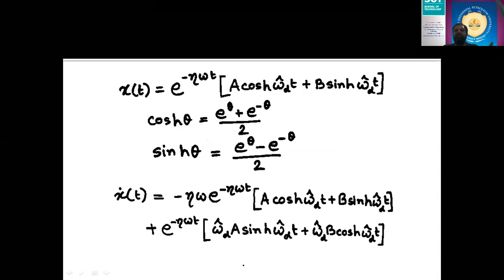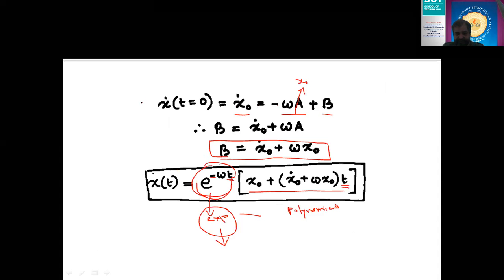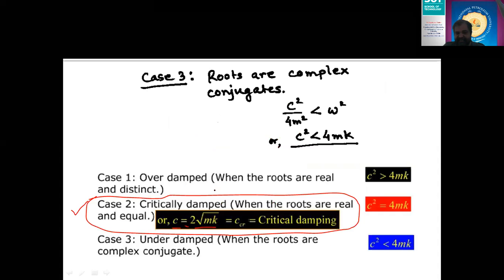Now you need to find the solution of this particular equation, right? The general form of this differential equation, when the roots are real and distinct, as in the overdamped case, what will be the form?